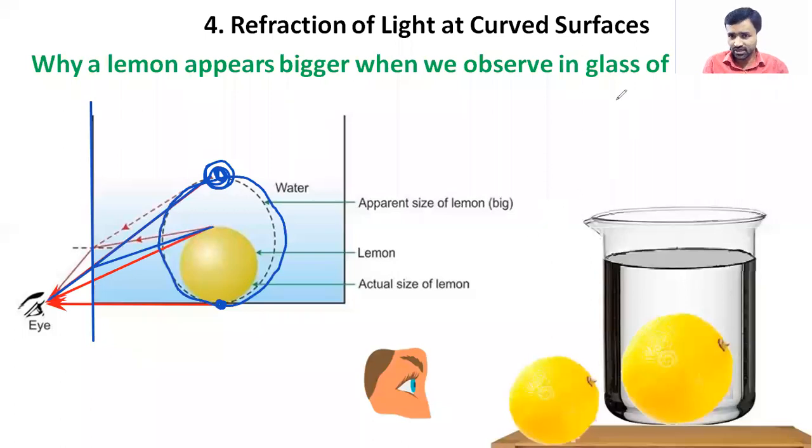Is it actually this size? Speak out. Is it actually this size? No. It is due to what? Refraction of light, and your eye is not perceiving that refraction, not realizing it. Due to this reason, you are viewing the lemon in a big size, an enlarged image.